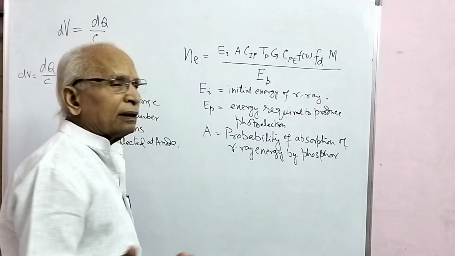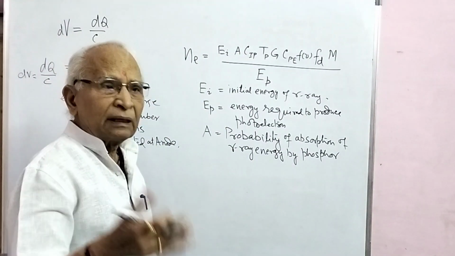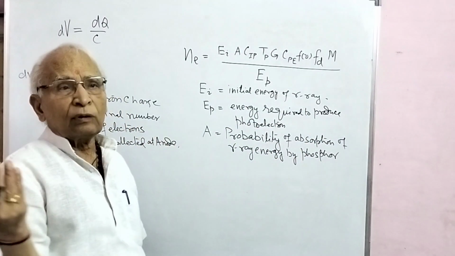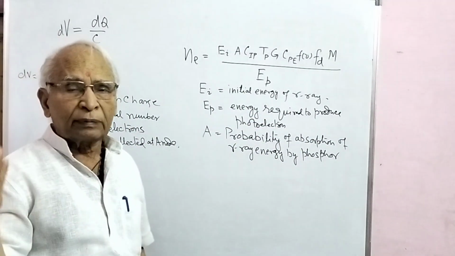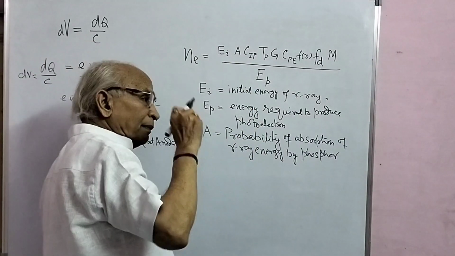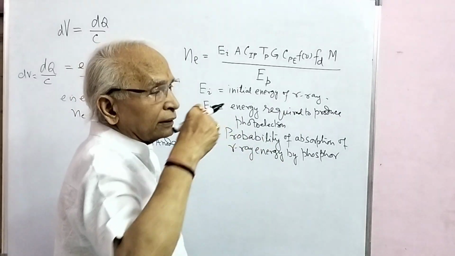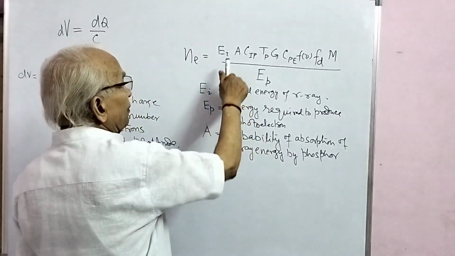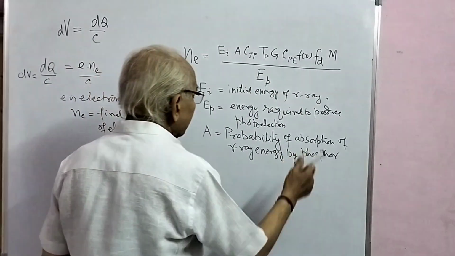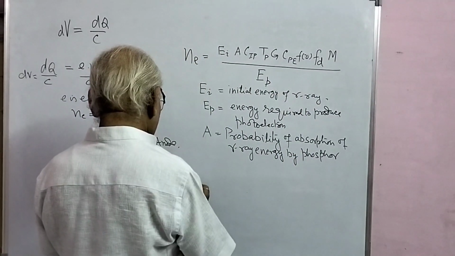So what is the probability? Maybe 20%, 30%. What is the photoelectric effect probability, or the Compton effect? So A is the probability factor that the gamma ray deposited energy by that interaction at that particular energy EI.